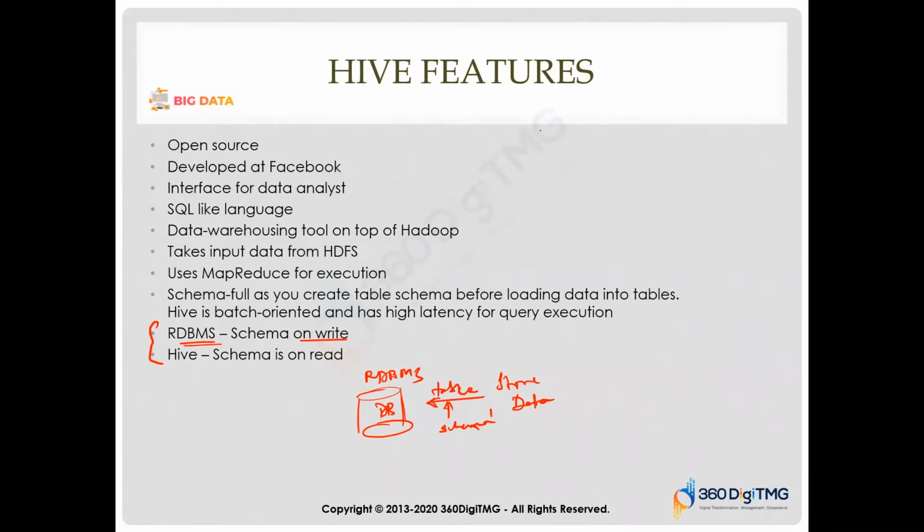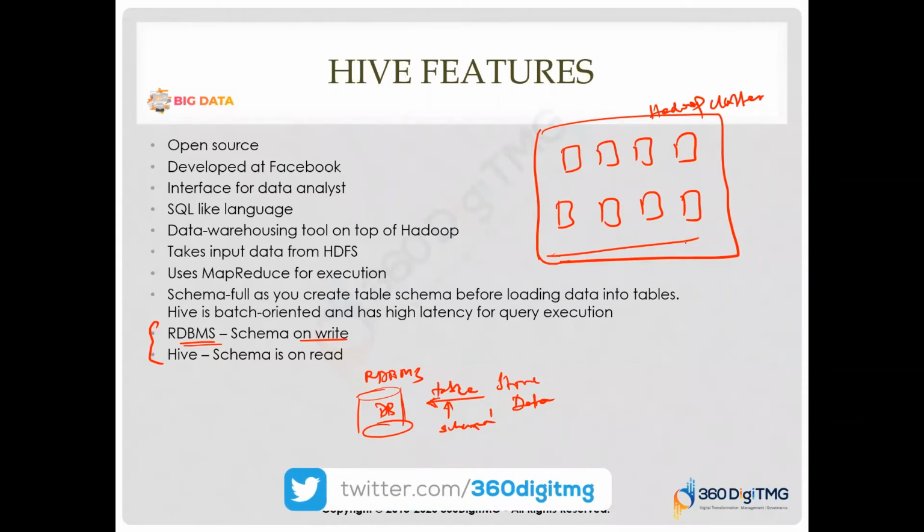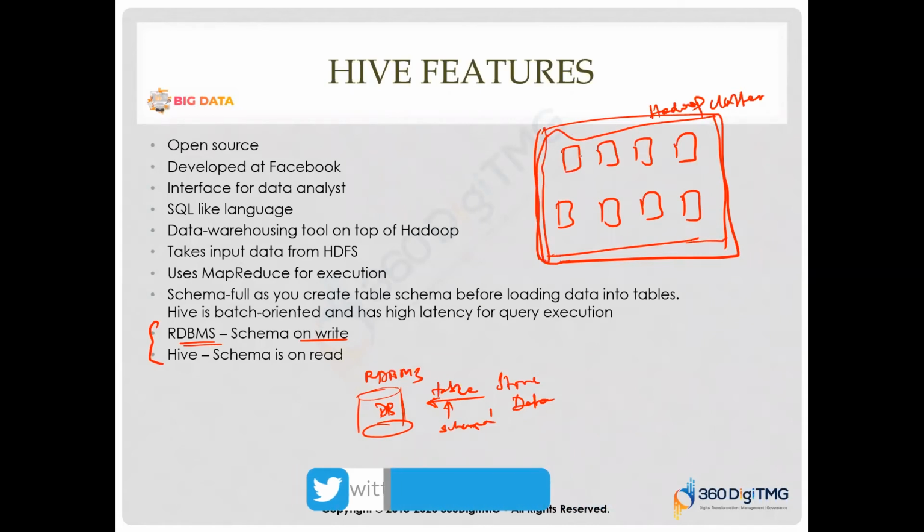When we talk about big data systems, there would be multiple computers which are interconnected. Let's say this is a cluster. We call this a Hadoop cluster, assume. I have multiple computers. All the computers work together so that it gives you the impression that all these together are working like a single computer. You will treat this as one supercomputer. But internally, each of them has some storage space, right?